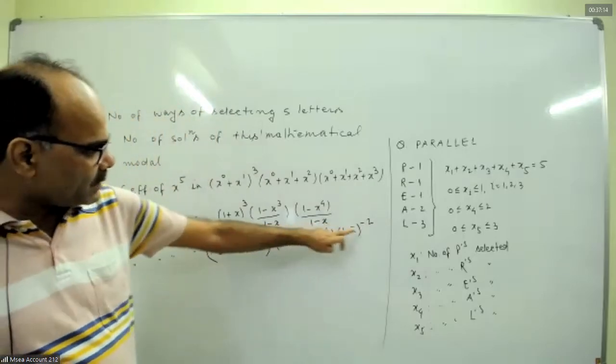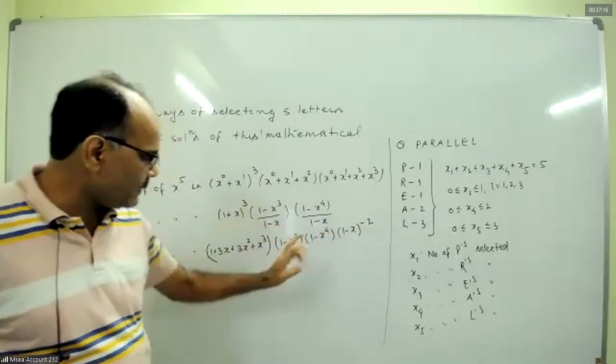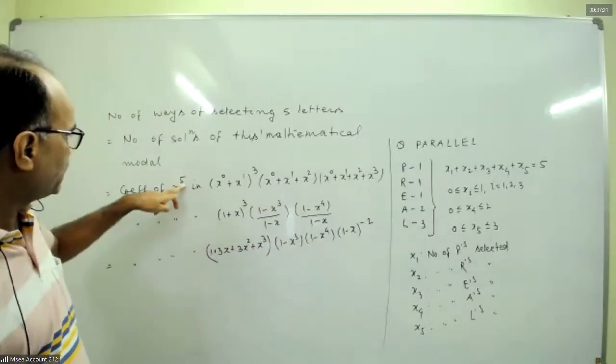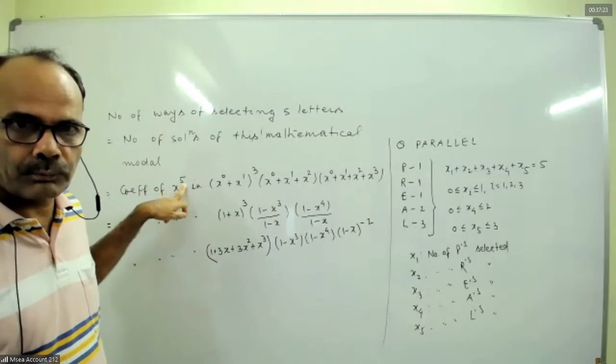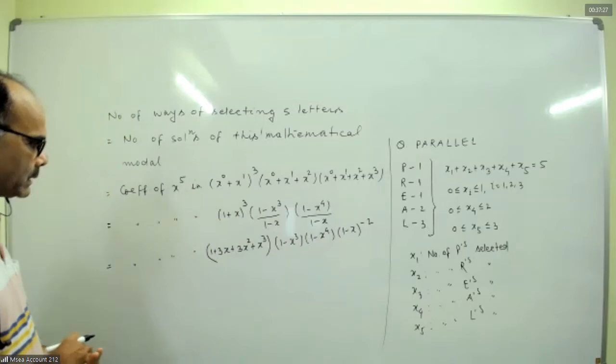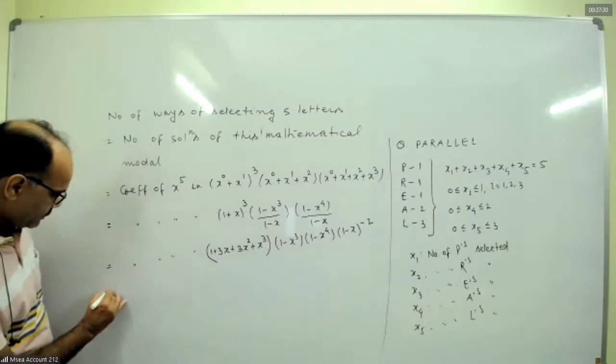Since (1-x)^(-2), this coefficient we can calculate easily. Now multiply, neglecting the terms having exponent more than 5.